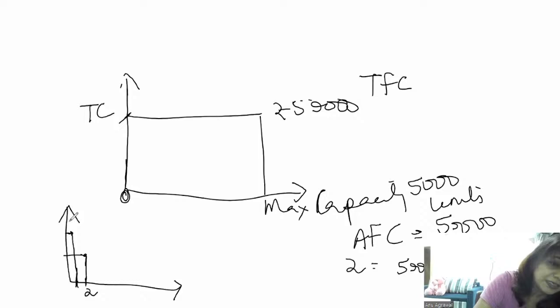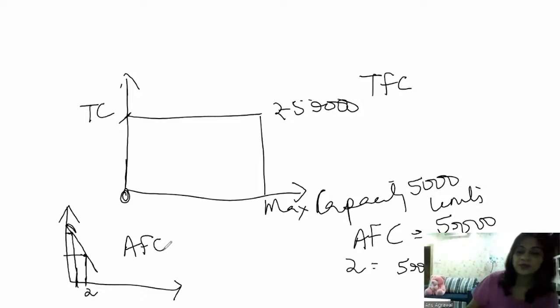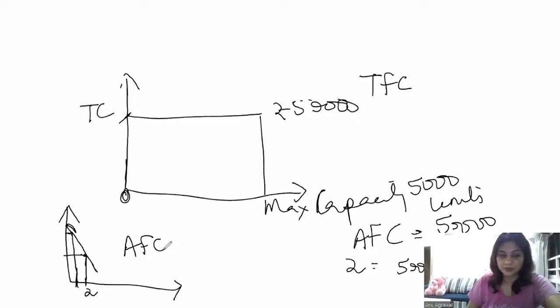That means it is a downward sloping curve. An average fixed cost curve is a downward sloping curve. It will never touch the x-axis. Why? Because the average fixed cost or the cost per unit can never become 0. But the moment I produce the maximum units, the cost per unit is going to become the smallest.